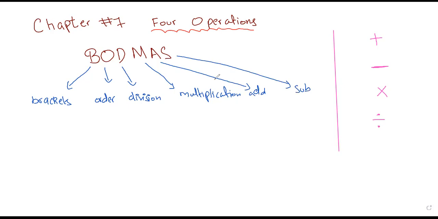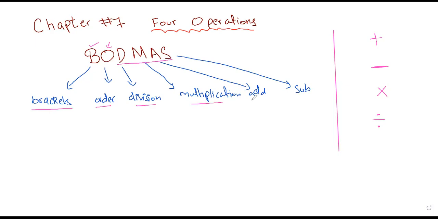Now we have an upgraded version because obviously we have brackets as well. So what does BODMAS mean? Brackets, order, division, multiplication, addition, subtraction.